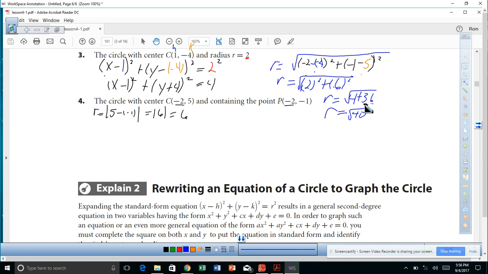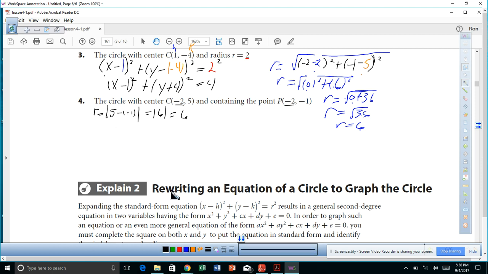Oh, that's because I put -4 in here. It should be -2 minus -2, which gives you 0 squared, and then -1 minus 5 gives you 6 squared, so 0 plus 36, the square root of 36, R equals 6. So you've got to make sure you get the right points. Either way, it works out, in case you didn't happen to recognize that.